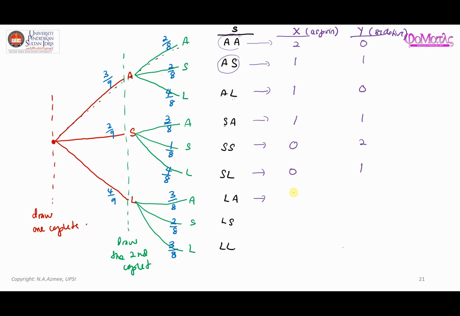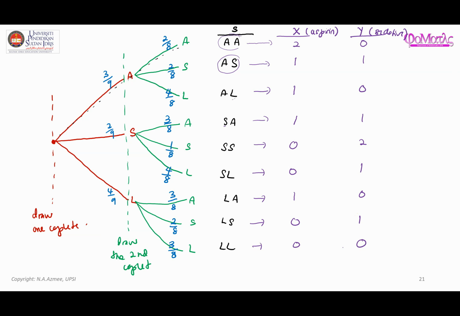This one is 1 aspirin, 0 sedative. 0 aspirin and 1 sedative. And this one is 0 aspirin and 0 sedative. So those are the values of our joint random variables. So far so good.